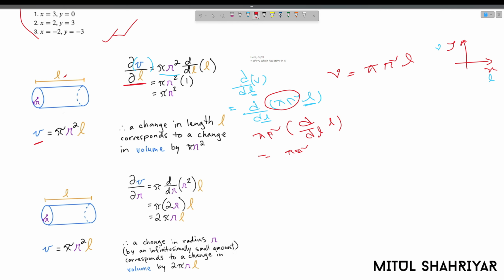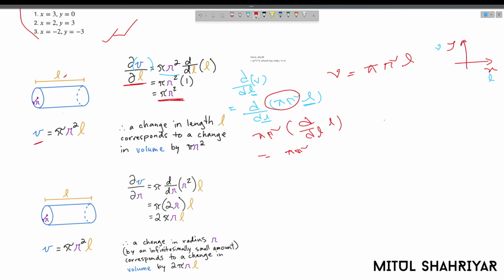Interestingly, what this whole thing means is that when we make any change to L, this is how the volume is impacted, which is pi r square. Any change in L results in a volume change of pi r square.